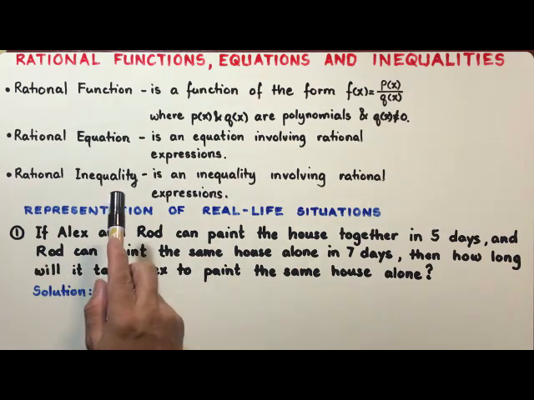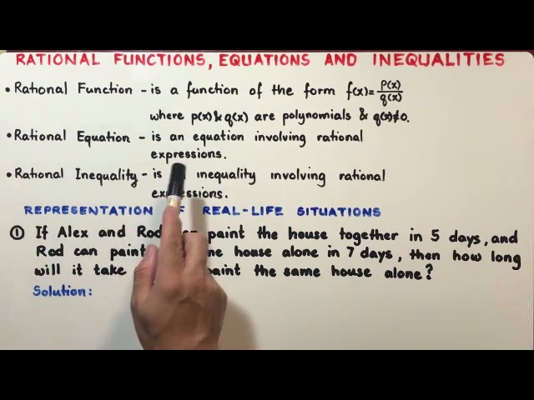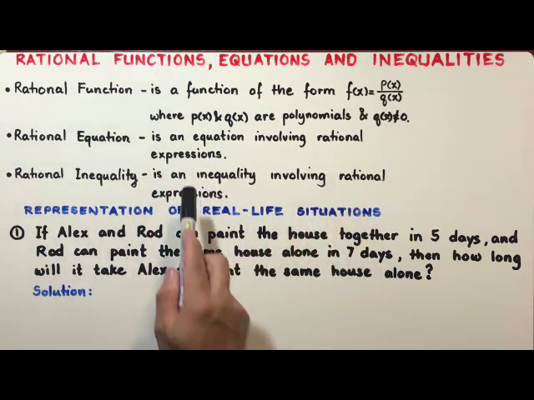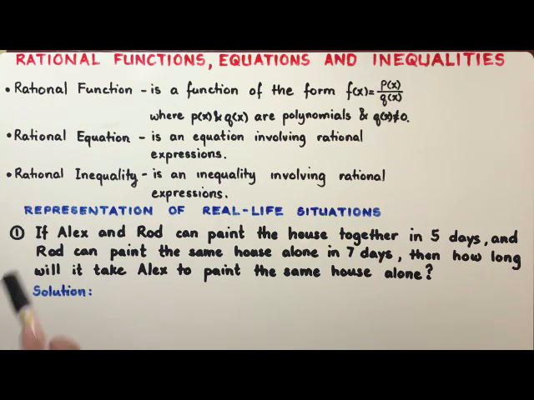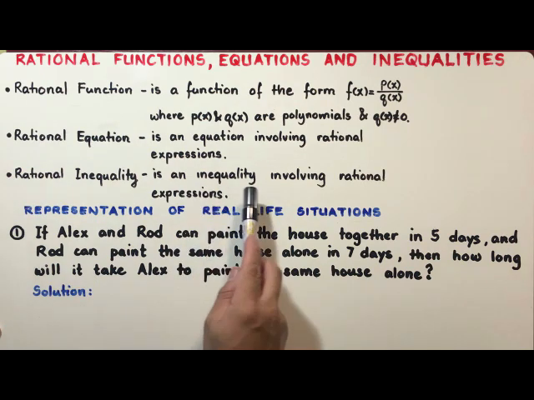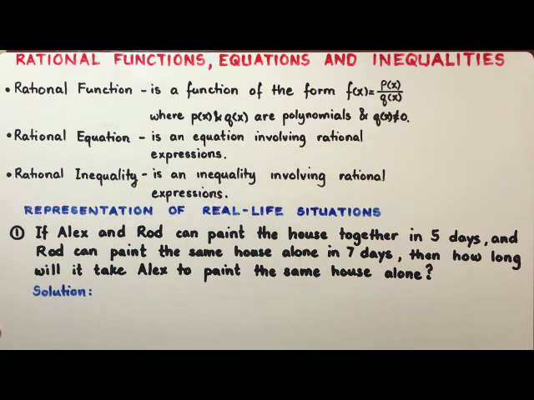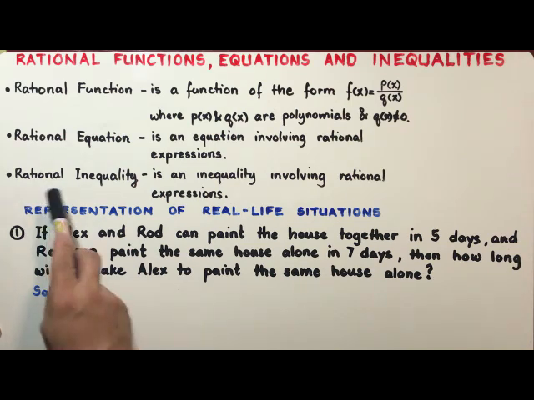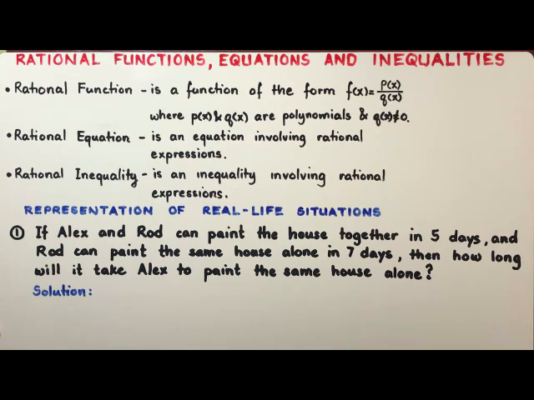So what is a rational equation? A rational equation is not a function but an equation involving rational expressions. And a rational inequality is not an equation but an inequality involving rational expressions. So a rational inequality is not a function, not an equation, but an inequality.